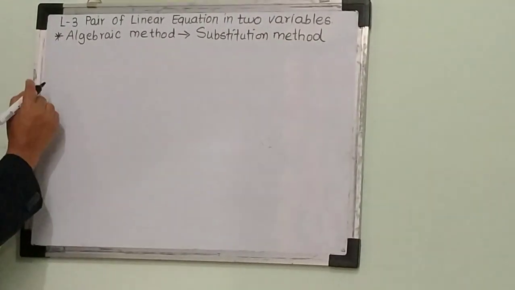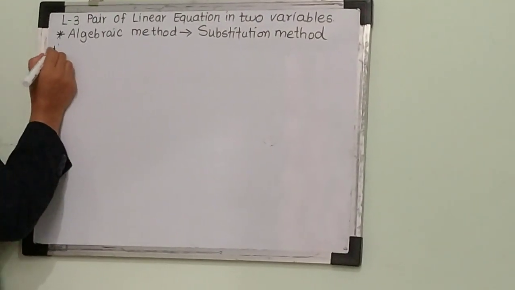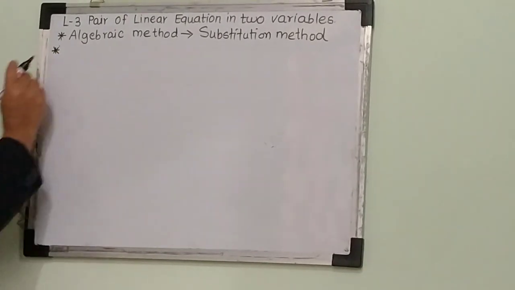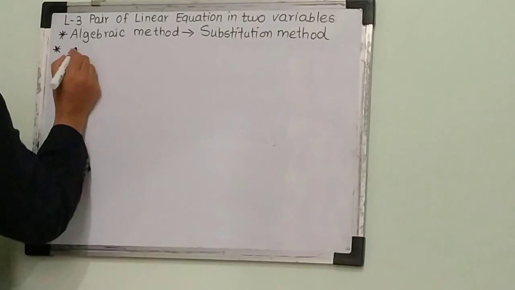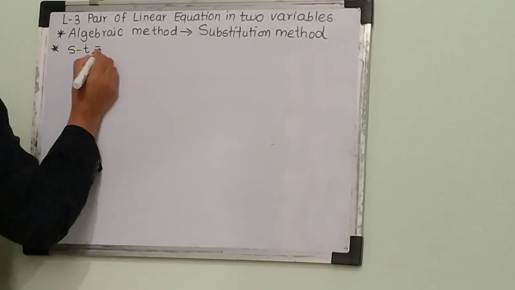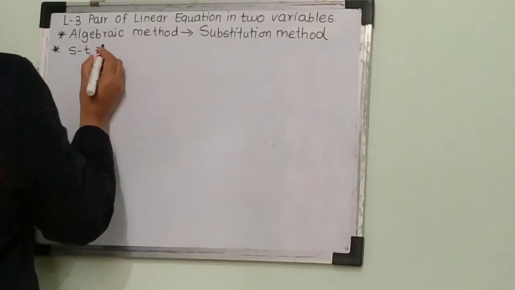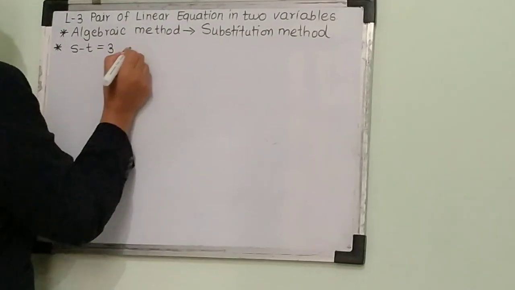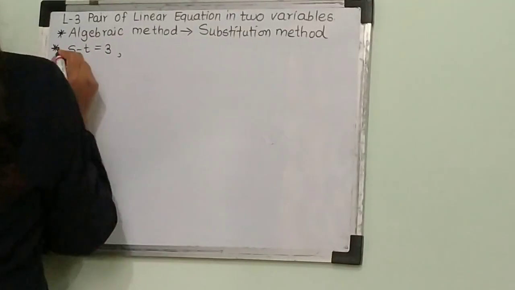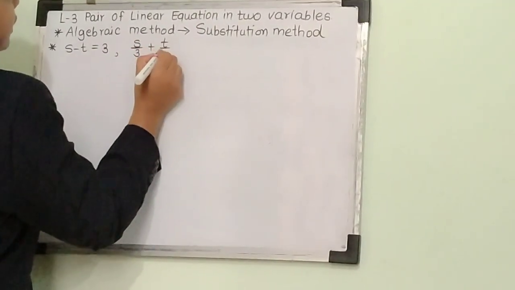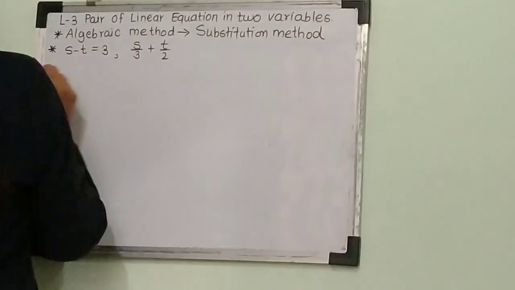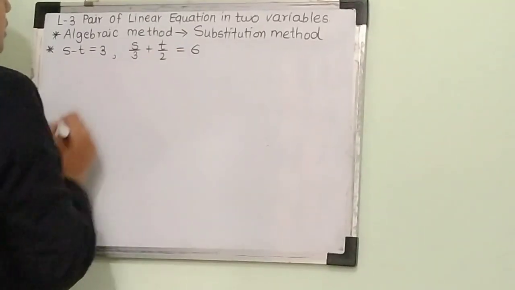So I will take one sum from exercise 3.3. One example is there, s minus t is equal to 3, and the second equation is given s upon 3 plus t upon 2 is equal to 6.